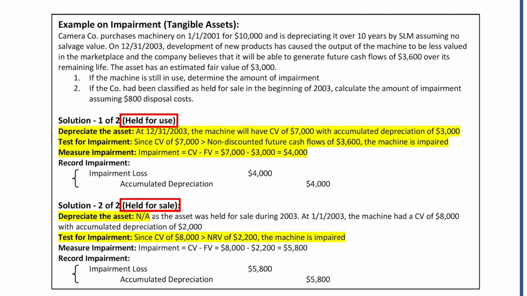Since carrying value of $8,000 is greater than the NRV of $2,200, naturally the machine is impaired. And the next one, highlight measure impairment. Impairment equals carrying value minus, okay, there's a typo here, scratch fair value, NRV. And that's basically $8,000 minus $2,200 equals $5,800 impairment loss recognized in discontinued operations, because in this scenario, this is a held for sale asset.